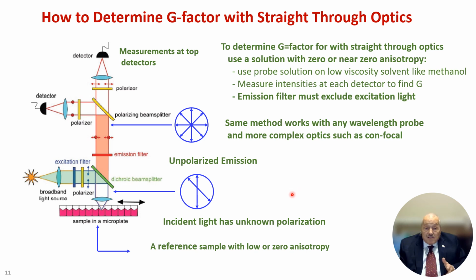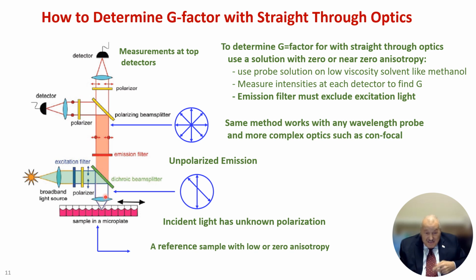Actually, it turns out it's not too hard, but let's look at the straight-through optics first. We have a fluorescence microscope, we have some light coming in. It's going through a dichroic filter, and some of the green light is getting reflected down here, and then it's fluorescent, and it goes through the filter.